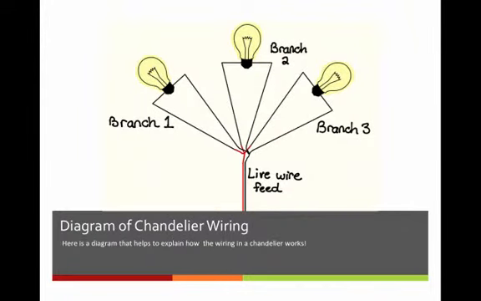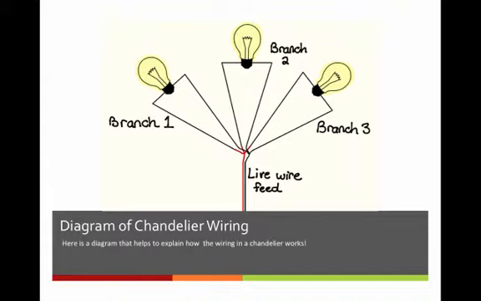Here's a diagram I drew to give you an idea of how each bulb would be wired. Now obviously this is a simplistic version and it only involves 3 light bulbs, whereas most chandeliers will have anywhere from 4 to 100. So this is meant to be just a simple representation, but it's meant to show you exactly how these branches operate independently of one another.